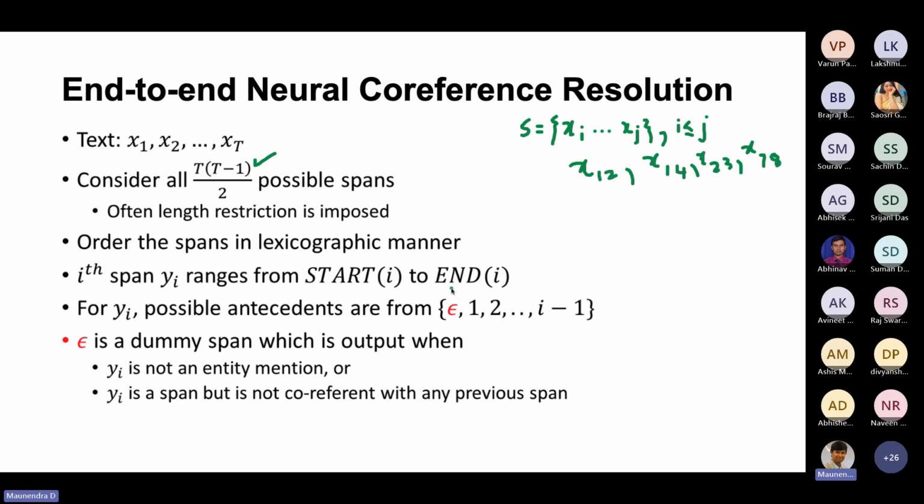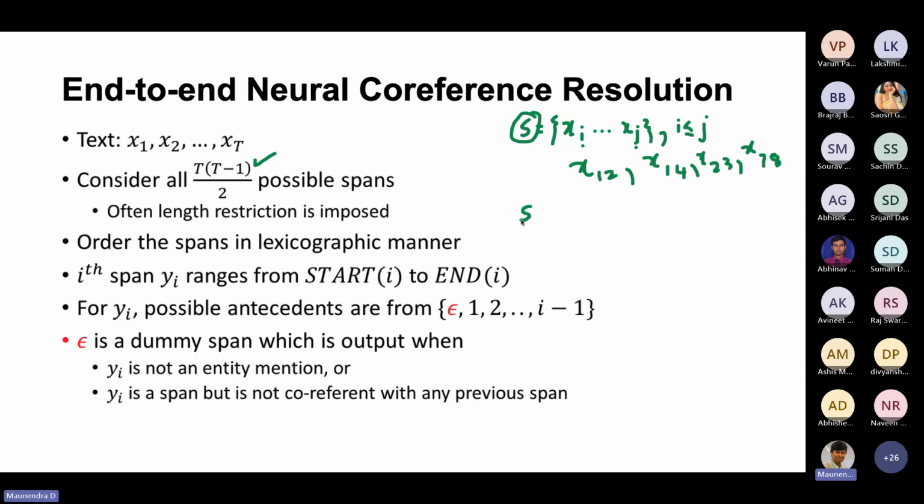If this is span number m, I'll say that span m starts at i and ends at j. For each span, we consider the possible antecedents. We know what an antecedent is: the references in the text that have occurred before the current mention. Possible antecedents are from epsilon, 1 to i minus 1.